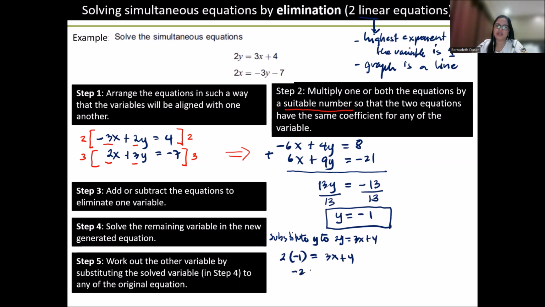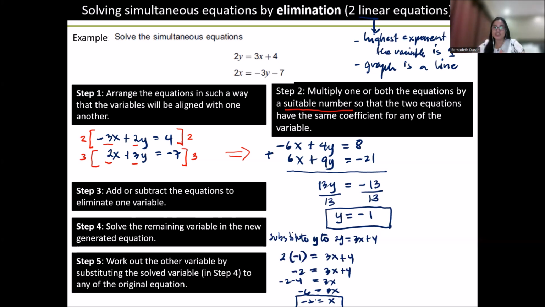And this is negative 2 equals 3x plus 4, or negative 2 minus 4 is equal to 3x, or negative 6 is equal to 3x, or x is equal to negative 2.